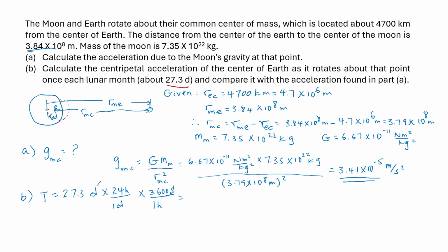The day cancels out with day, the hour cancels out with hour, and we are left with seconds. That is equal to 2.36 times 10 to the 6 seconds.